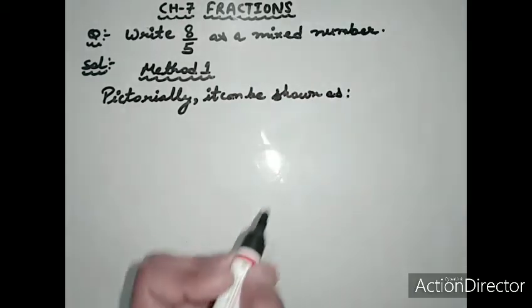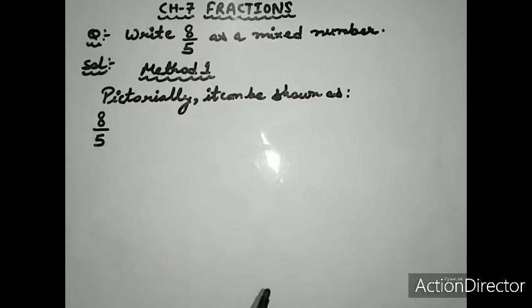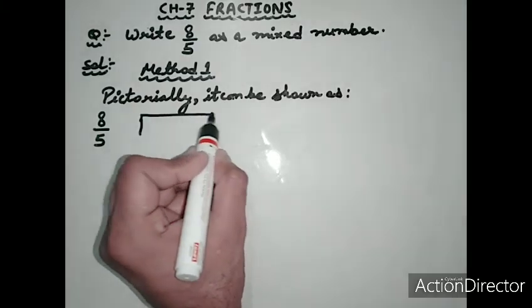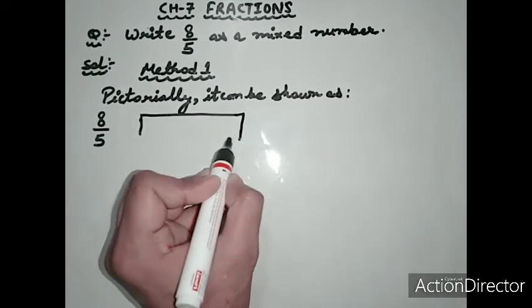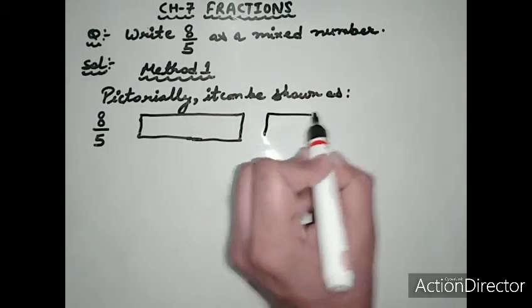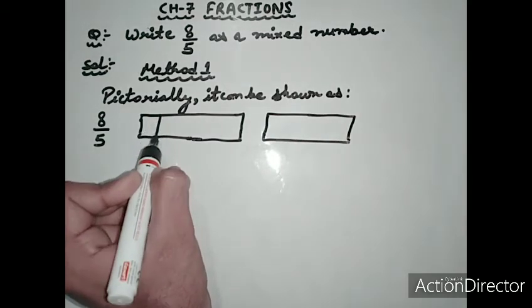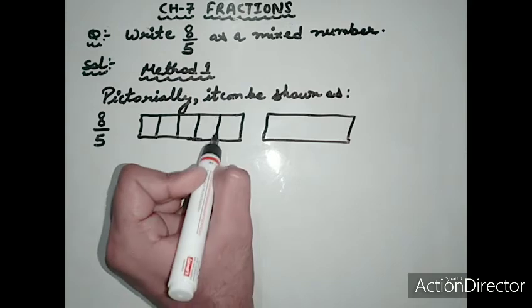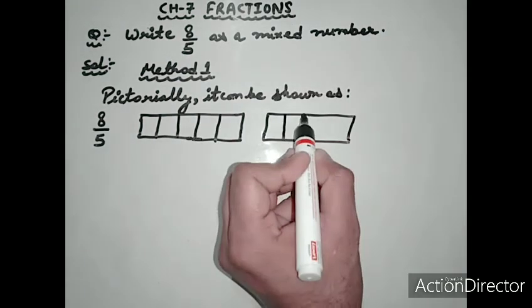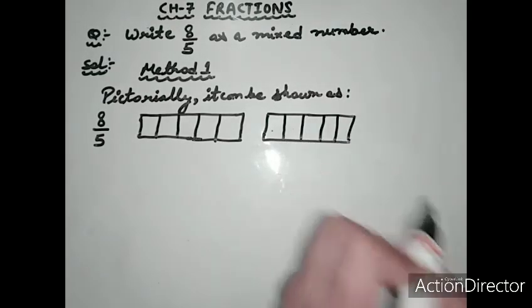It can be shown like this. Here 8 upon 5 means there are 5 boxes in each whole: 1, 2, 3, 4, 5.